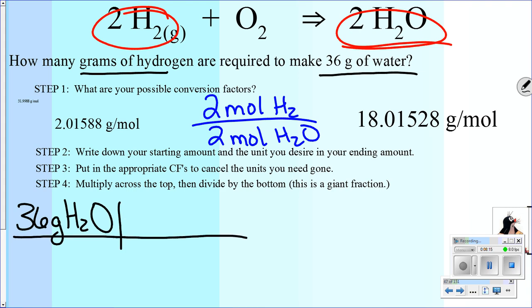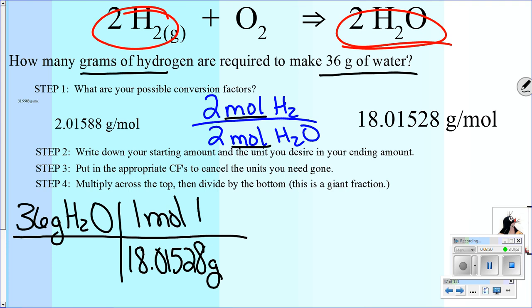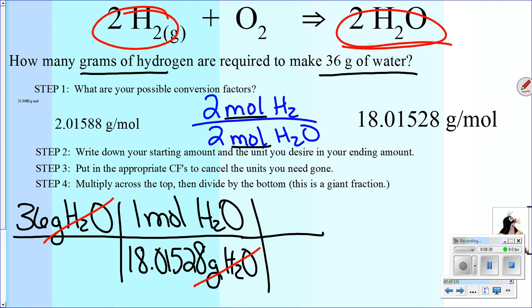Now, in order to talk about how H2O relates to H2, I have to get into moles. So in order to do that, I'm going to use my GFM, 18.0158 grams gives me 1 mole of H2O. I know, it's a lot to write, but it helps us keep track of stuff. So my grams of H2O are going to go away.